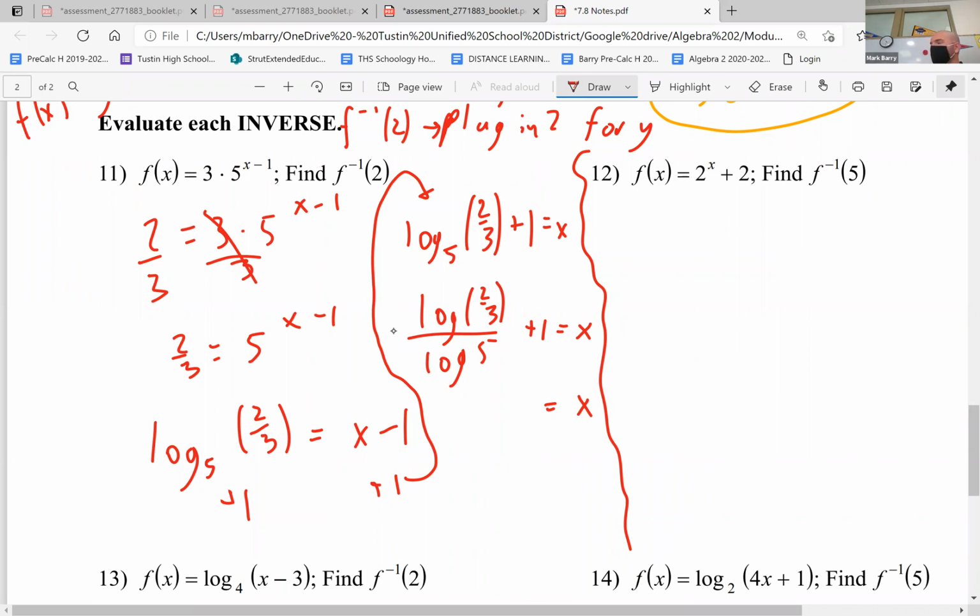All right, so I type that in the calculator. It tells me 0.7481. So I'm just going to write that. That'll be our answer.